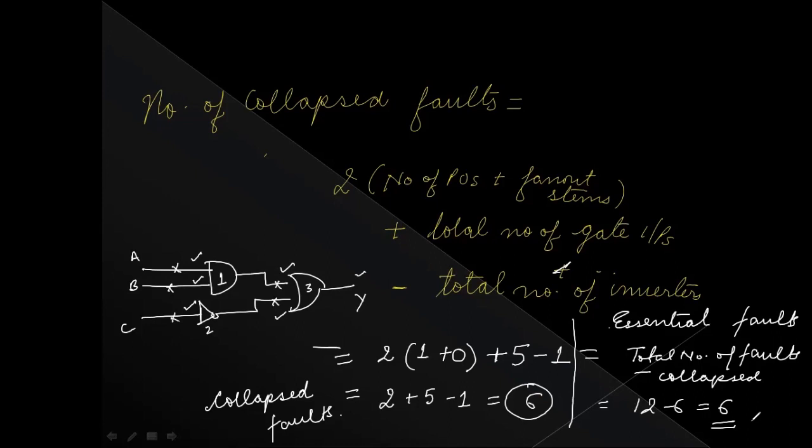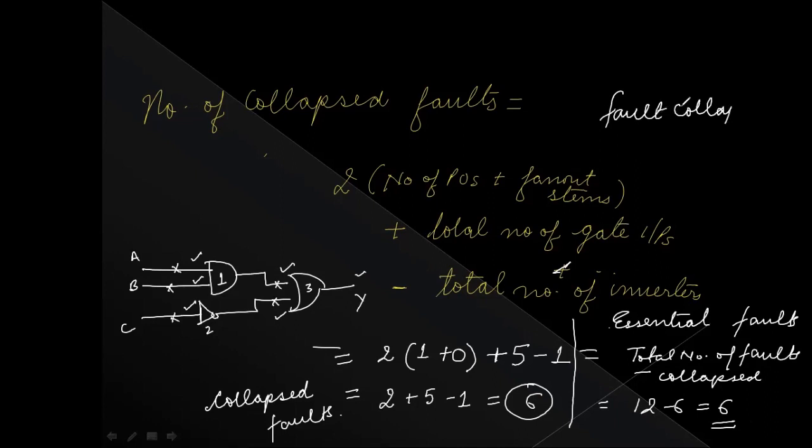Okay. So this is important because it is going to be used as an important parameter for my circuit. That is called my collapsing ratio. We'll see further also.